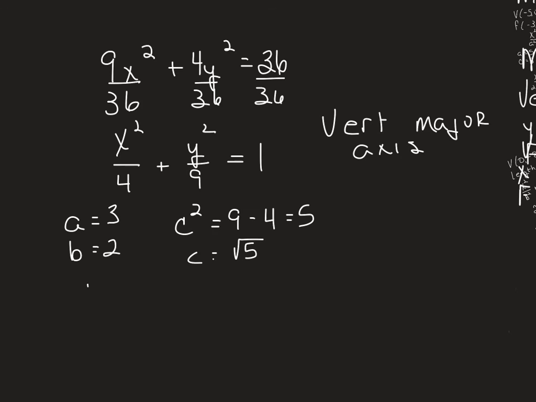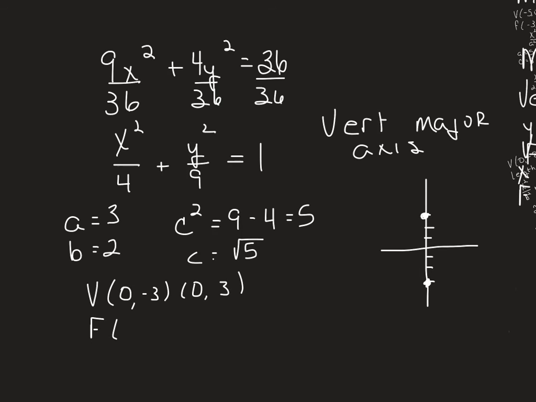So our vertices are here, and that is the point 0, negative 3, and 0, 3.